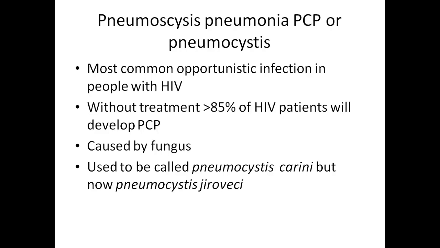Without treatment, over 85% of HIV patients will develop PCP. The important thing to remember here is it's caused by a fungus. Used to be called Pneumocystis carinii, but now it's referred to as Pneumocystis jirovecii.